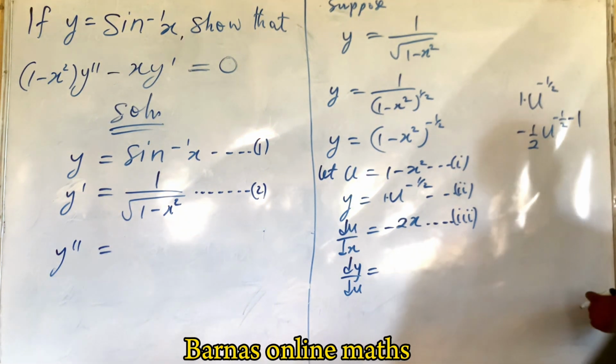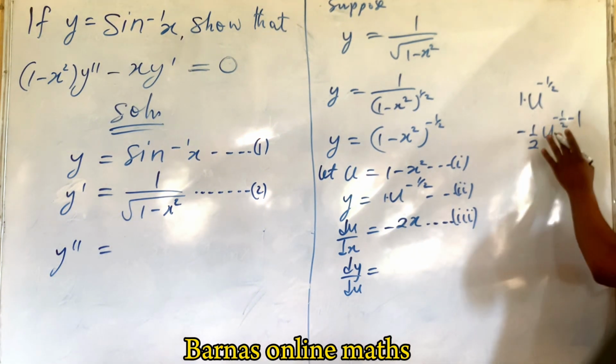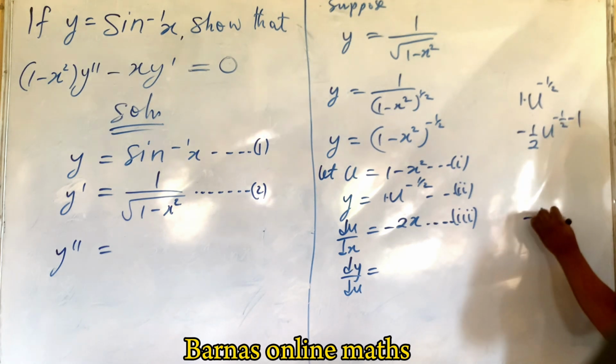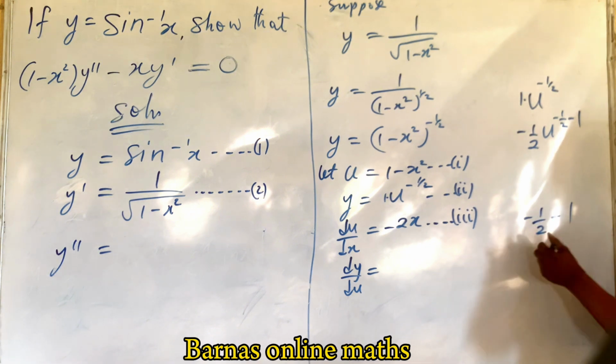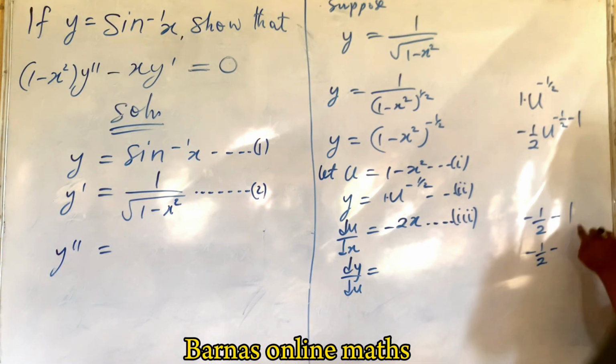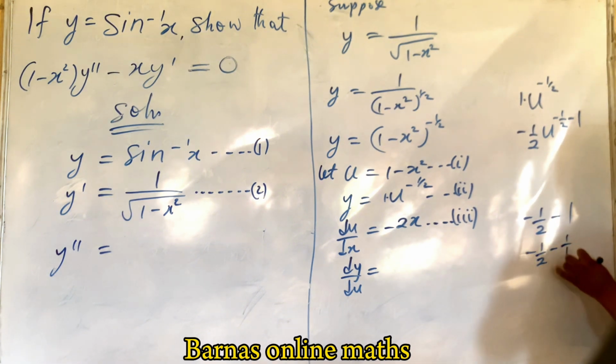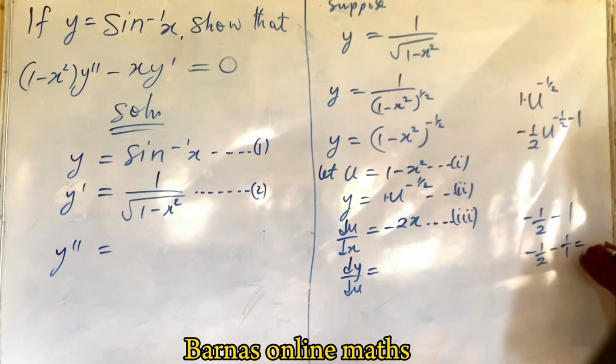So if we simplify further, the power here is minus 1 over 2 minus 1, which is the same thing as minus 1 over 2 minus 1 over 1. So what is the LCM of 2 and 1? LCM of 2 and 1 is 2. 2 into 2 will give us 1. 1 times minus 1 will give us minus 1. Then this minus is this. 1 into 2 will give us 2. 2 times 1, 2.